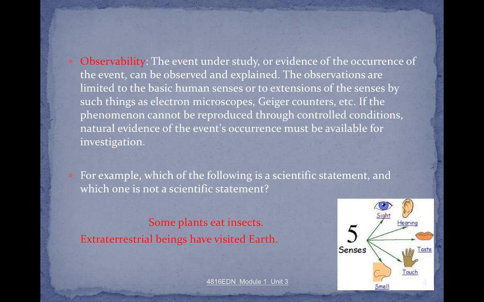Not all plants eat insects, but some do. Extraterrestrial beings have visited Earth. Can we perform controlled conditions to investigate that? Okay, yes, there's some anecdotal evidence of that, but we can't actually repeat and reproduce that particular phenomenon to investigate it scientifically.